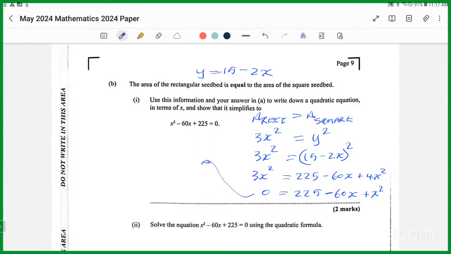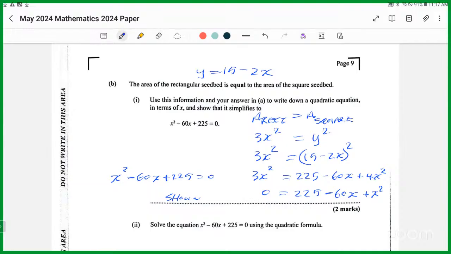If we just spin it around, put this on the right, on the left side, we're going to get x squared minus 60x plus 225 equals 0 if we turn it around, and that has been shown. So we have shown that it comes down to that. Okay with this one now?